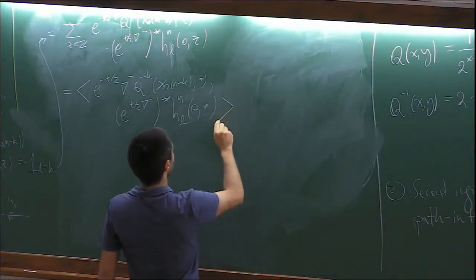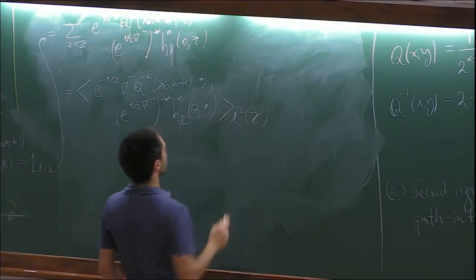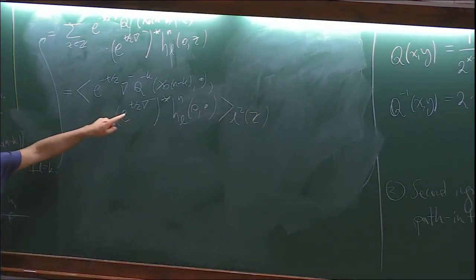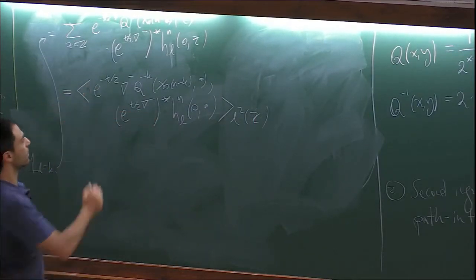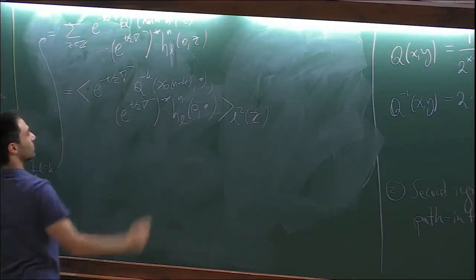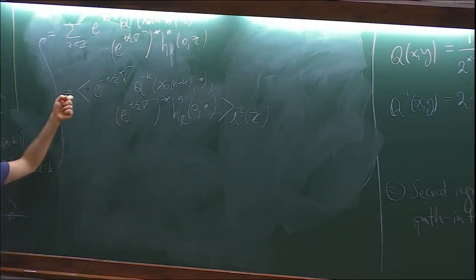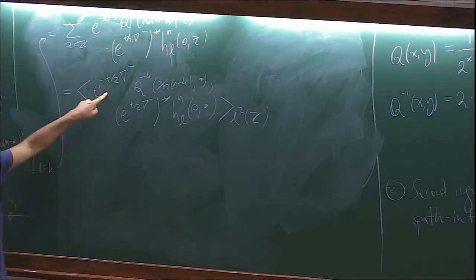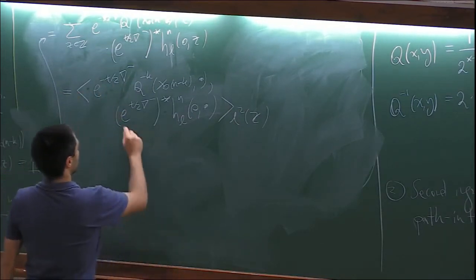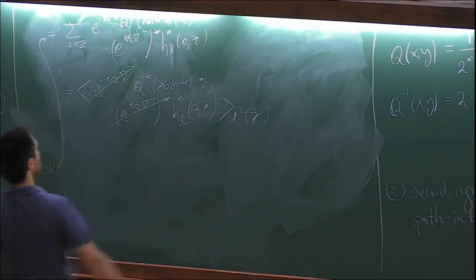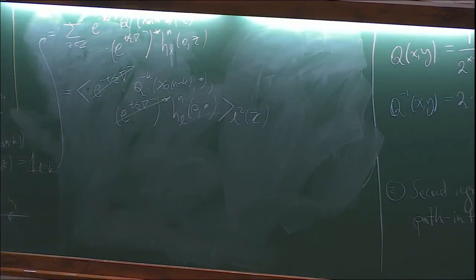Actually, this step is not really needed, but the point is that I have this e to the t over 2 grad minus star, so I can put it on the other side. I just bring it to the other side of the inner product because it's the adjoint, and it cancels this one. I didn't show you that this is invertible, but actually it is, so this makes complete sense. So this and that, they just go away. That's the reason why I put the e to the t over 2 grad minus star on the solution.